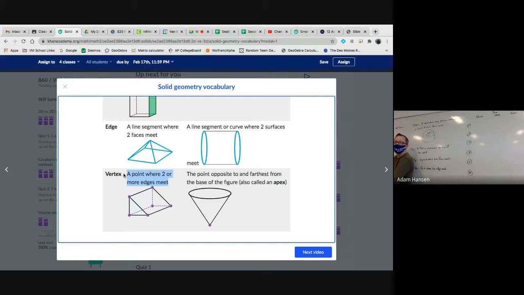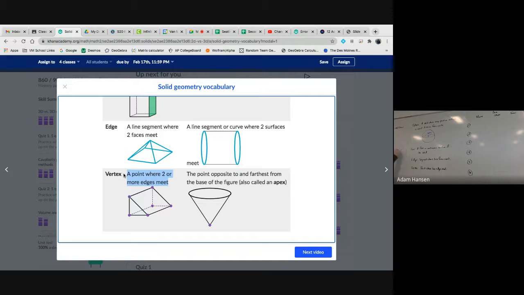Cylinder, how many vertices? Cylinder would have 2, where the 2 bases meet the lateral face. If you were to unroll a cylinder, it would look like that, right, Tristan?